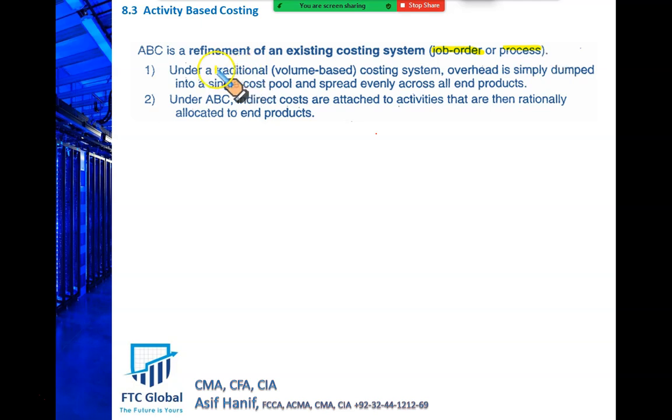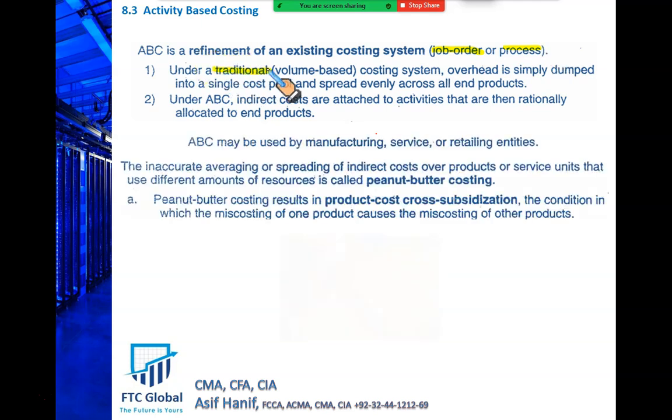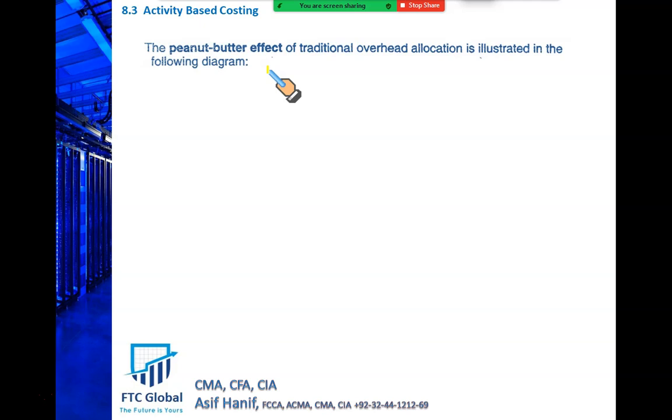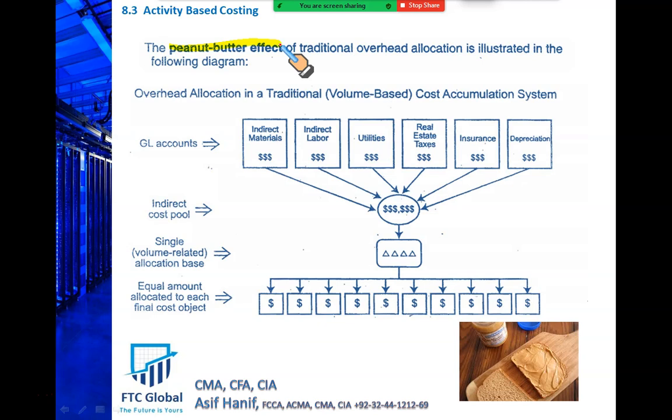Traditionally, what we have done, let me show you what we have done traditionally. This is the traditional peanut butter approach. Let me tell you what we have been doing so far. In the traditional costing system, we simply dump all our indirect costs, because I told you the direct material and direct labor is easily traceable.